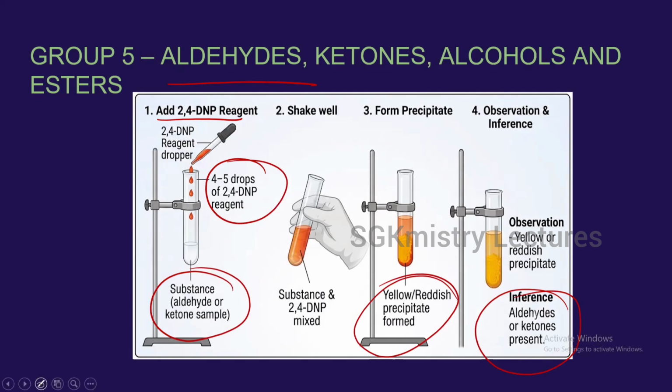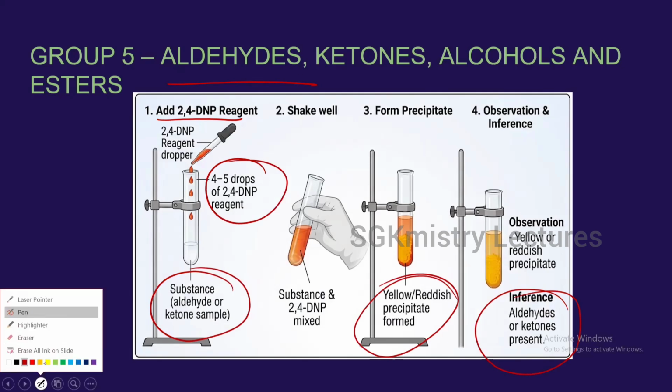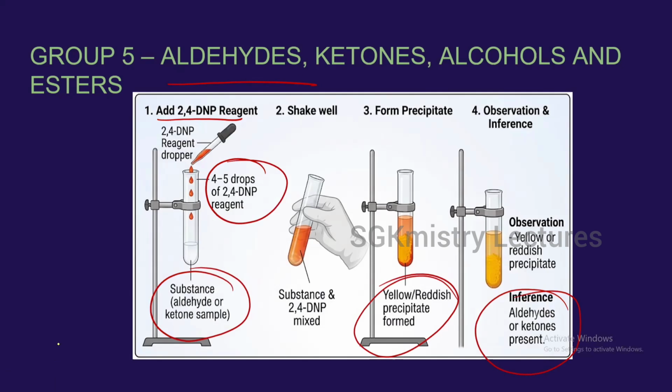So here we know that 2,4-DNP reacts with the aldehydes or the ketones to give the addition products. So let us see how it is formed. C double bond O, this is the general representation of the aldehyde or the ketone. We are going to add the 2,4-dinitrophenyl hydrazine, right?